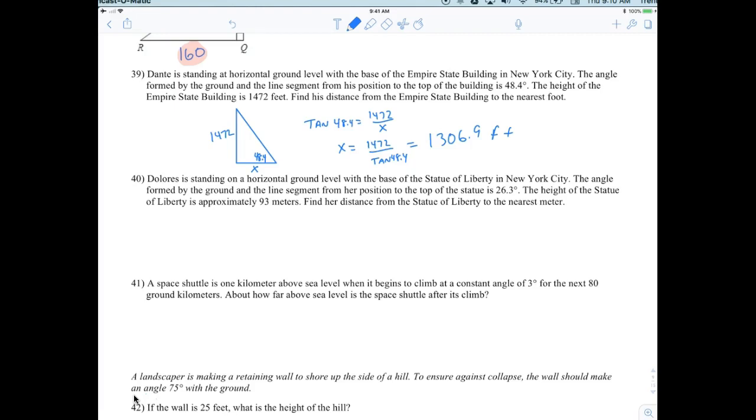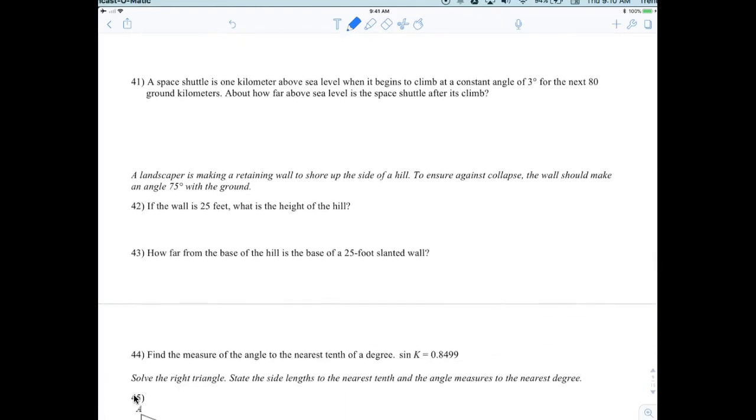Okay, so let's just do 41 real quick. It says, a space shuttle is 1 kilometer above the sea. All right, so from here to here is, that's the sea, so this would be 1.